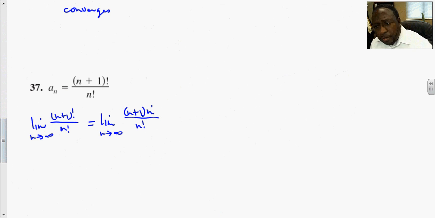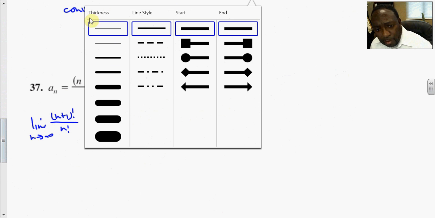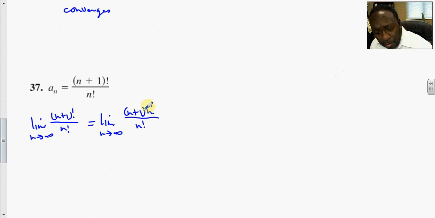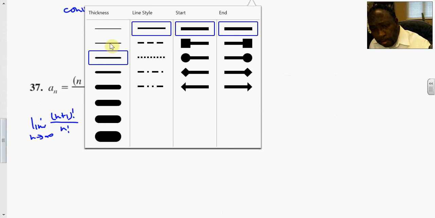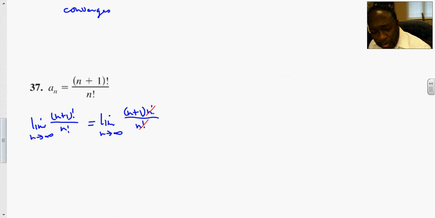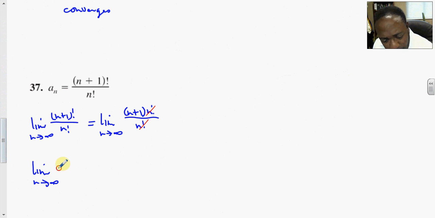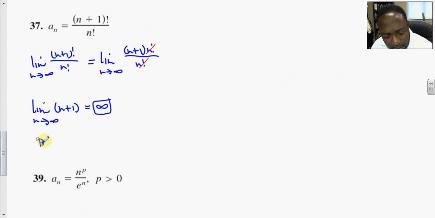Now the n factorials cancel. So this gives us the limit as n goes to infinity of n plus 1. And as n goes to infinity, n plus 1 also goes to infinity. So we say here that this sequence diverges.